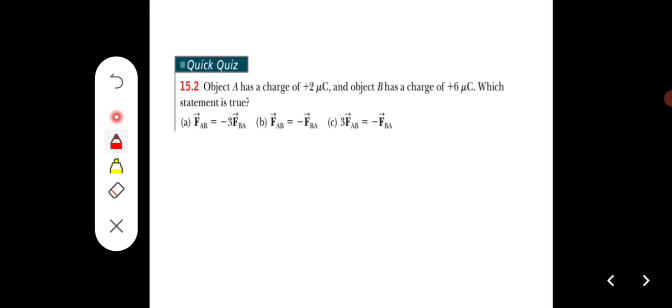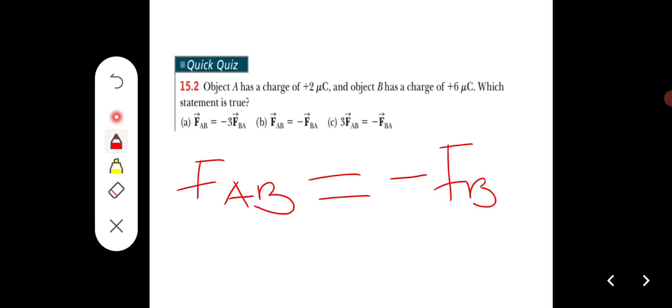If we remember Newton's third law of motion, the force which A produces on charge B should be equal to the force charge B exerts on what?